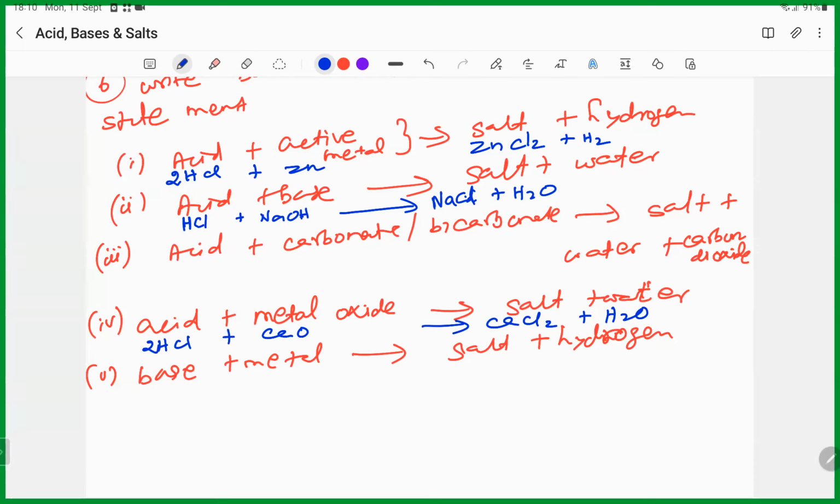You tell the remaining two, 3 and 5. H2SO4 and Na2CO3.